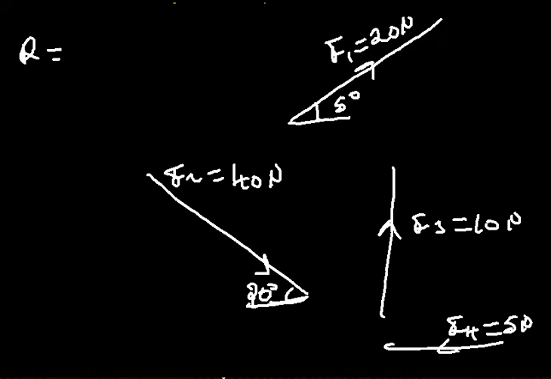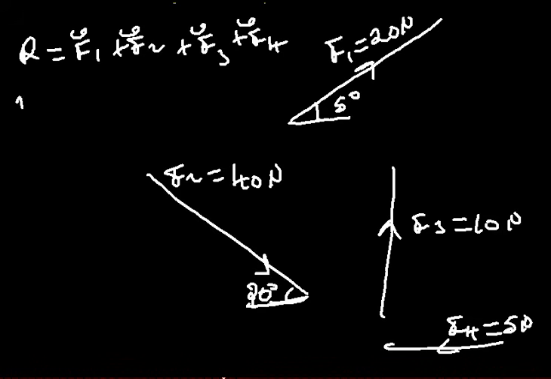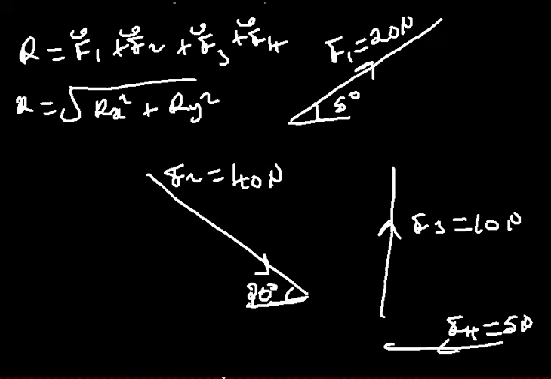So the resultant corresponds to the summation of the force F1 plus the force F2 plus the force F3 and plus the force F4. But at the end of the day, the resultant vector R should be given as the square root of Rx squared plus Ry squared.